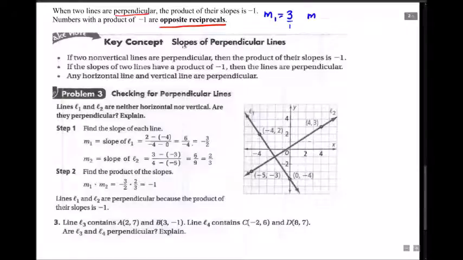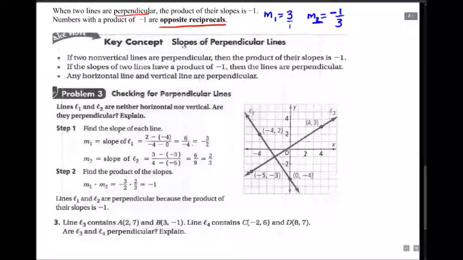Then the slope of line 2, which is perpendicular, we'll just call it perpendicular slope, is going to be opposite, which would be a negative, and reciprocal means flip, 1/3.